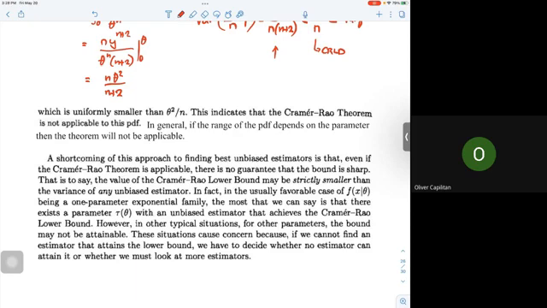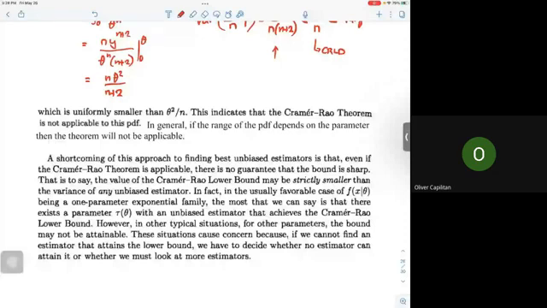But in our example above, the bound is not sharp, and we have found an unbiased estimator of the parameter with variance smaller than the bound.